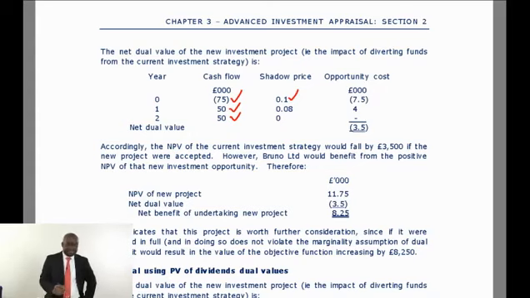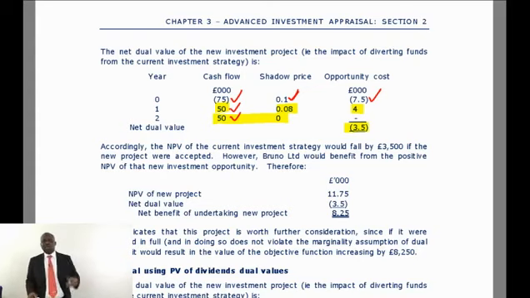So if I'm diverting 75, I lose a total of 7.5. But in year 1, I bring in 50. That 50 is a cash inflow, so if I multiply by that shadow price, it's an extra benefit to me, and that is the 4. Year 2, nothing happens. Therefore, over the project, my overall opportunity cost is going to be 3.5.